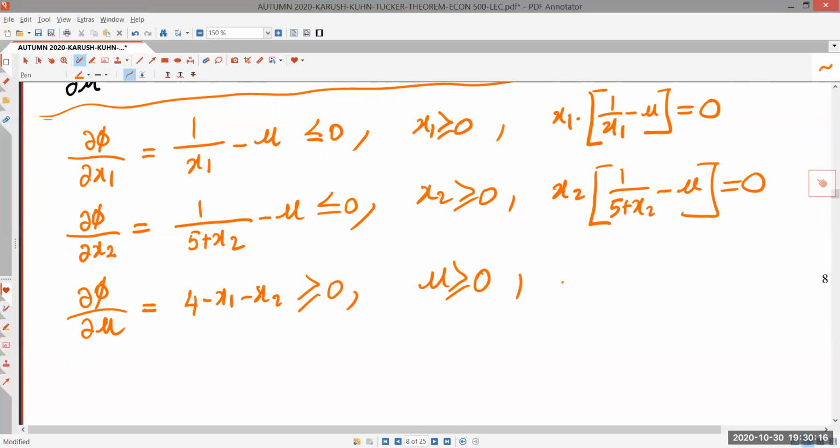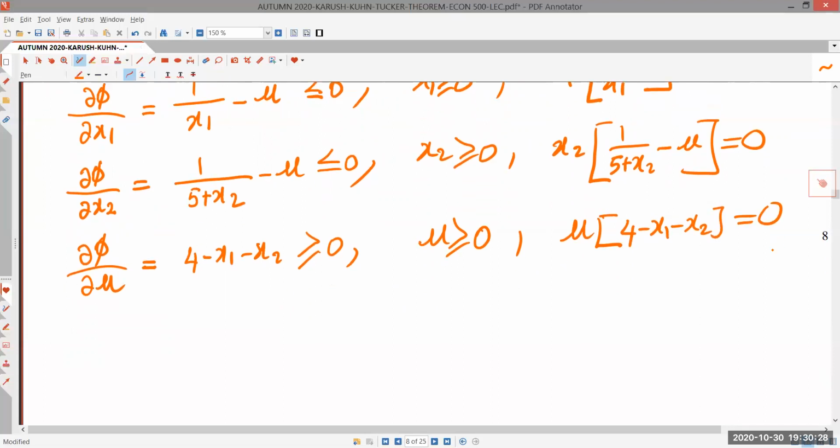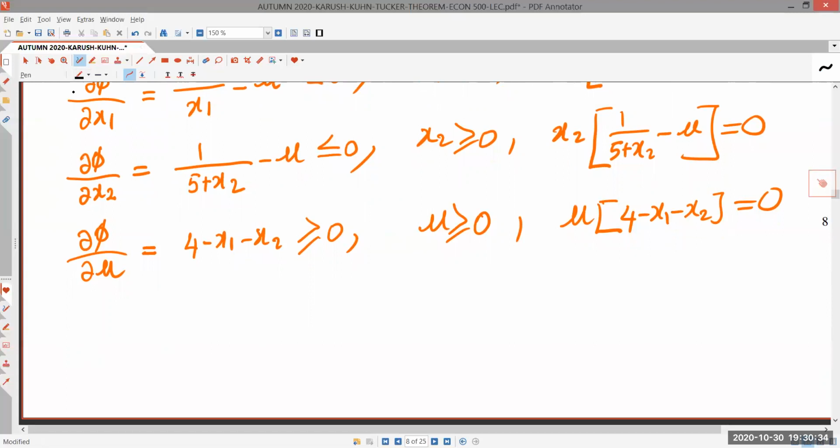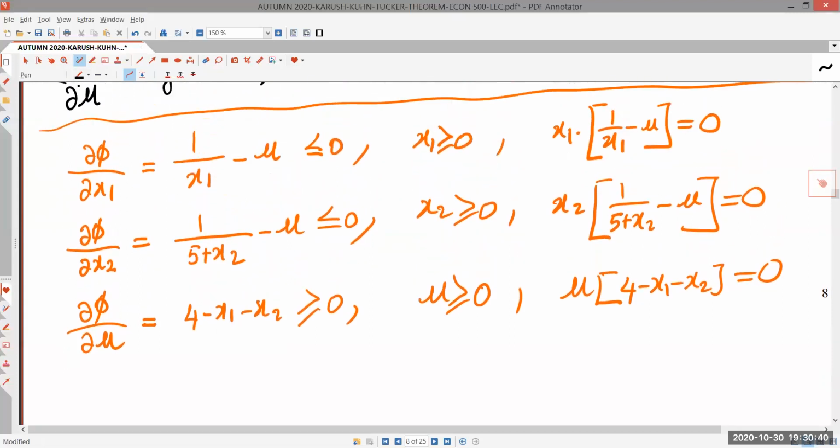Then mu times the constraint, sorry, 4 minus x1 x2, must be 0 as well. Now we would check whether we can find any x1, x2, mu variables which would satisfy all these three conditions.